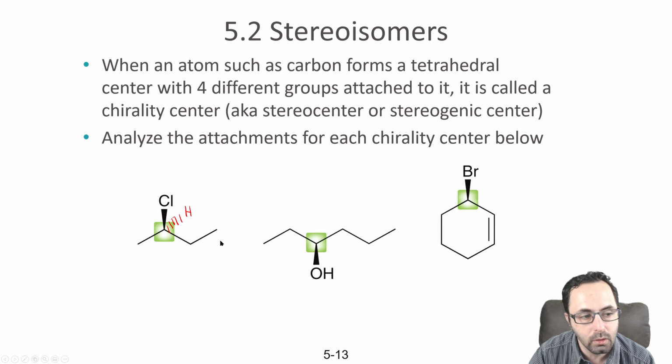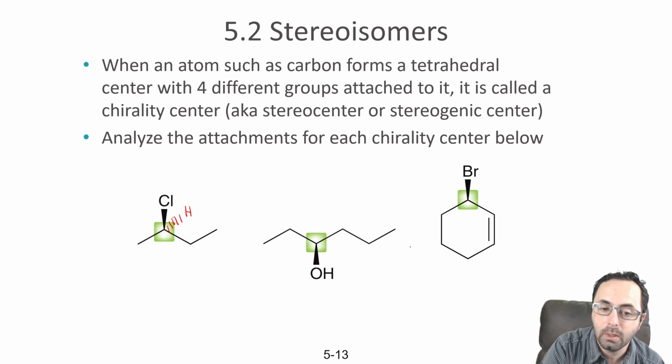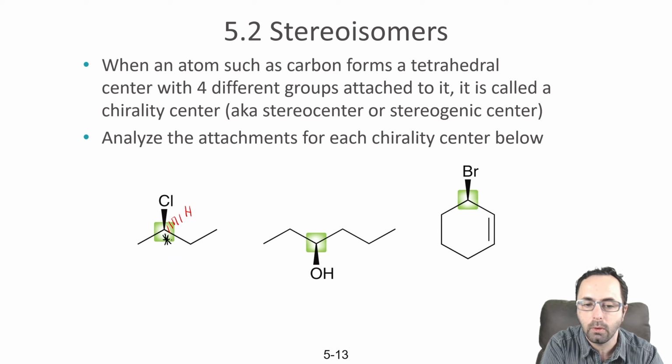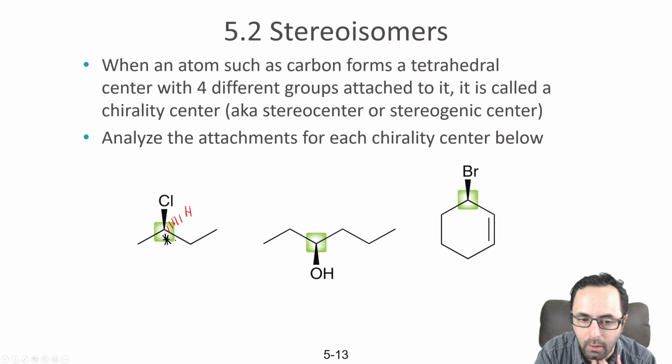That's 4 different groups attached. Notice that it's okay that these are both carbons. They're still different because there's another carbon here. So that's 4 different groups. So this carbon is a chiral center, and the way we generally indicate that is we draw a little star. If you're indicating on a piece of paper without color, it's common to draw a little star next to the chiral carbons, if that's what you're analyzing.